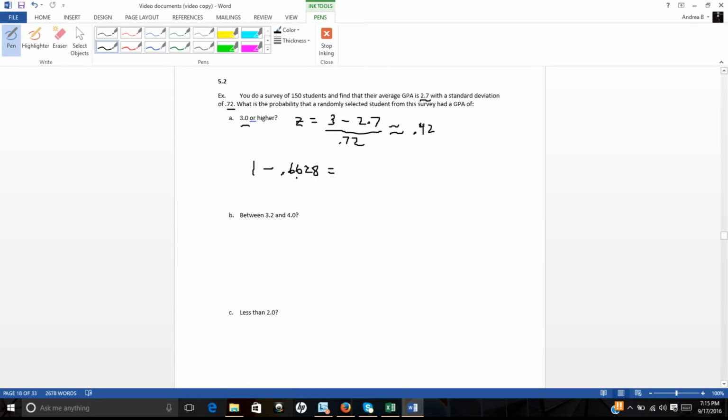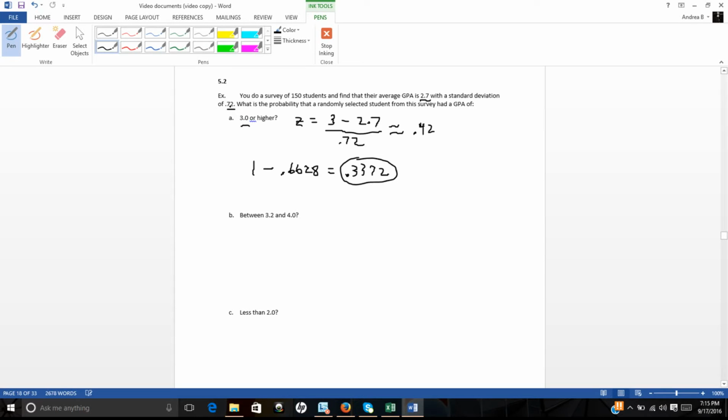And remember once again that areas and probabilities are really the same values whenever you're using your normal distribution chart. They're just 2 words for the same thing. So if we subtract those, we get 0.3372. And then that would be your final answer for this one.